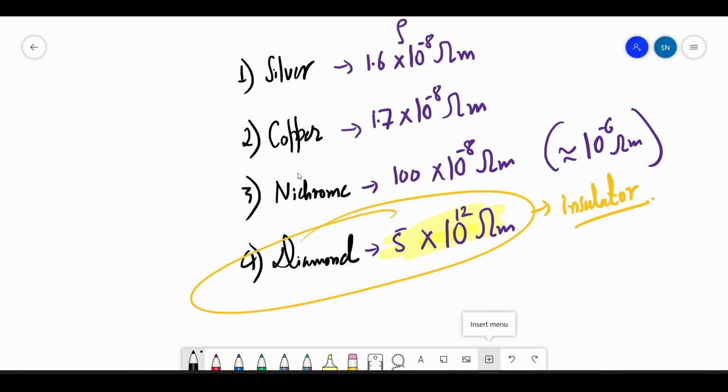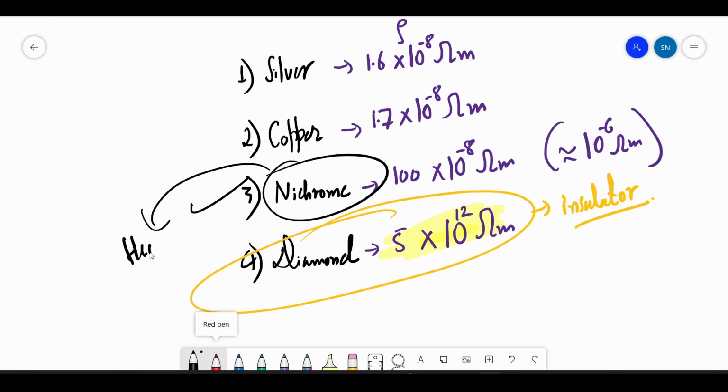What about nichrome? Nichrome has more resistivity or copper has? Sir, I think nichrome, right. So, by the way, can you name any material which uses nichrome? Do you have heaters at your home?